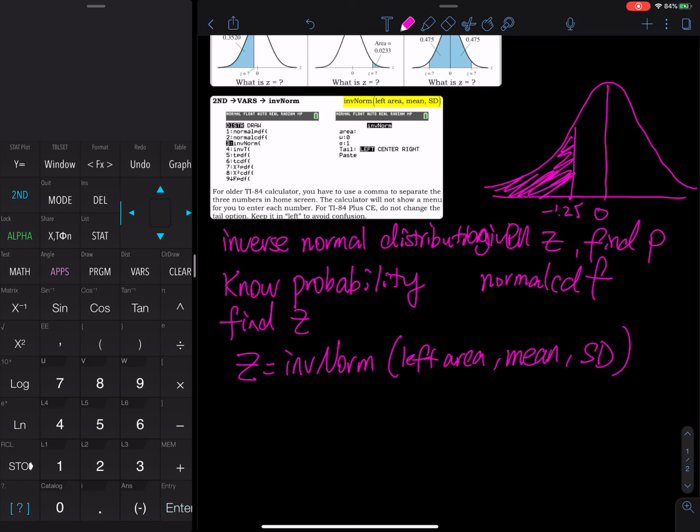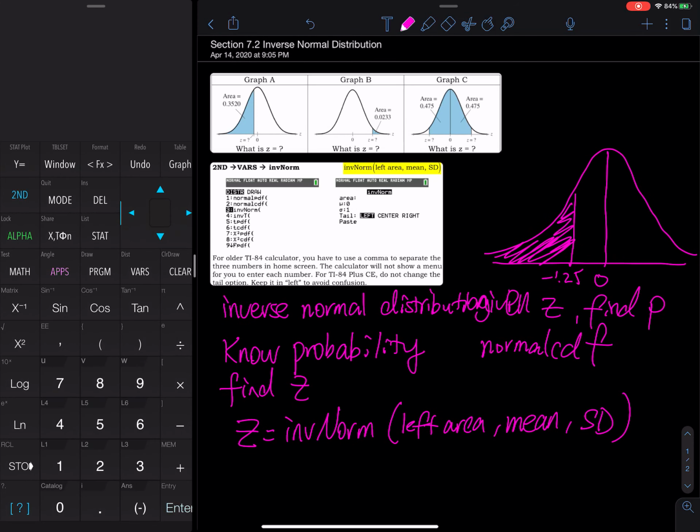So where do you go? You press second VARS, and then you look for inverse norm, after normal CDF.